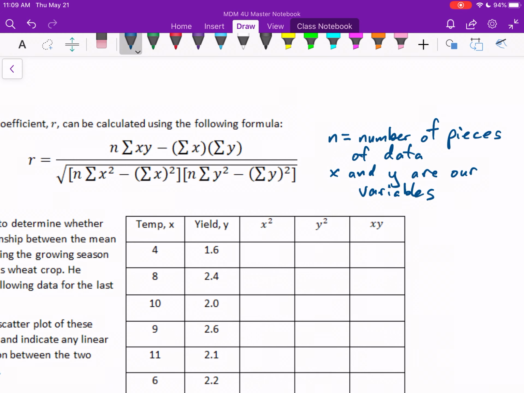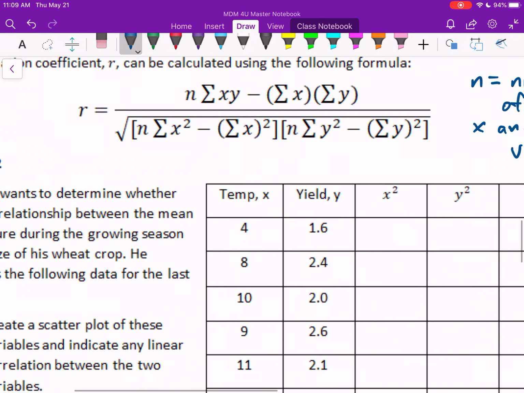And then on the bottom, what we have is, again, sigma x squared. What is that telling us to do? Well, that's just telling us square each of our x values and then add them up. Whereas we know order of operations makes a difference. This one, let's do it in a different color.